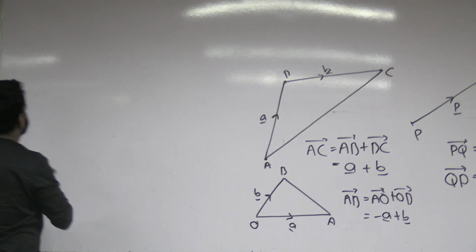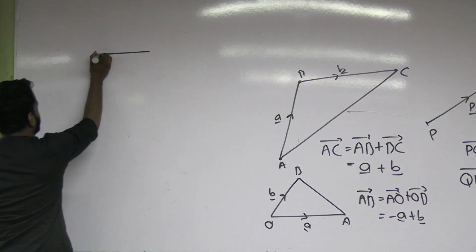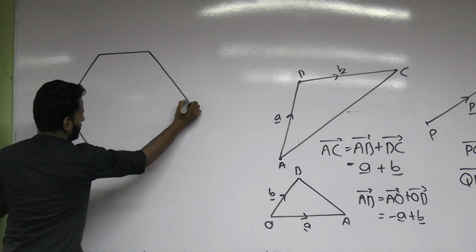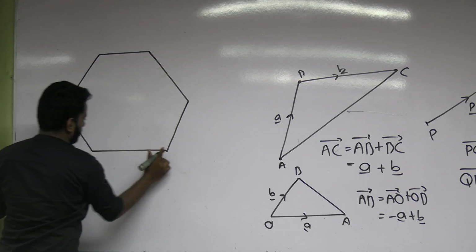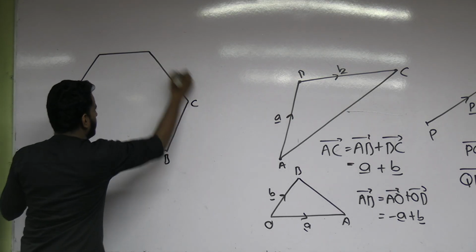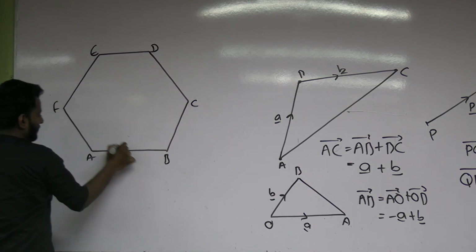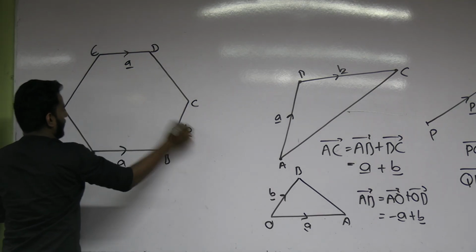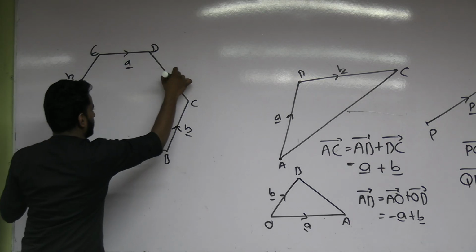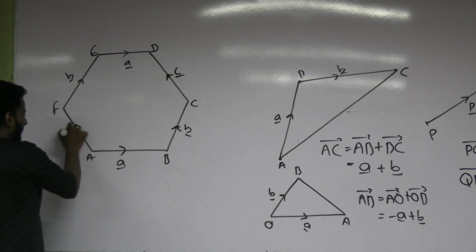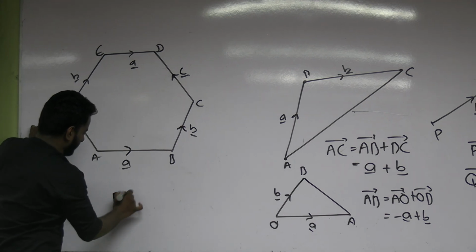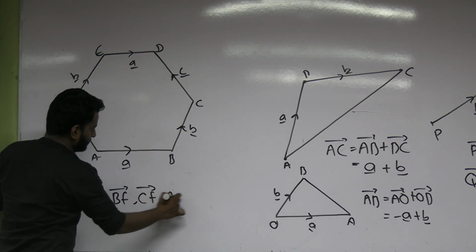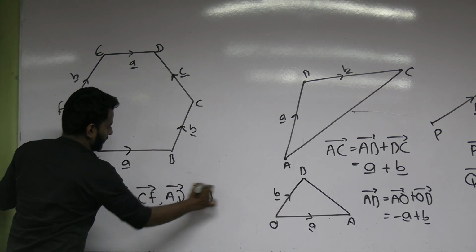So we'll start from this one. Here they have given us a hexagon. The points are A, B, C, D, E and F, and the vectors are given as simple A, B and C. Here we are supposed to find the vector BF, the vector CF, the vector AD, and the vector EB. Okay, so start from this one.